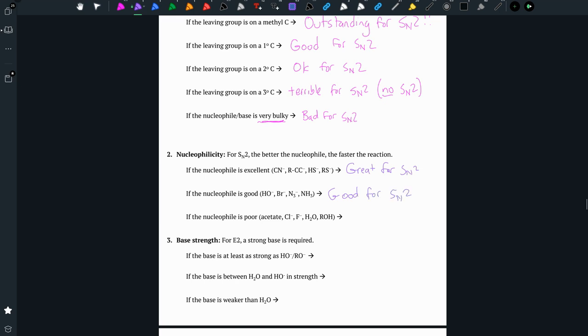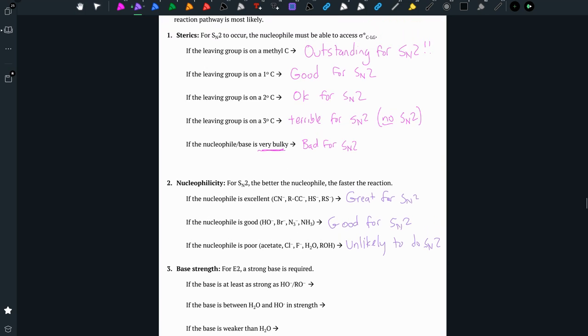But if your nucleophile is poor, then that would be unlikely to do an SN2. Okay, so that list of nucleophiles is going to be important to know. All right, so we've talked about SN2 so far.